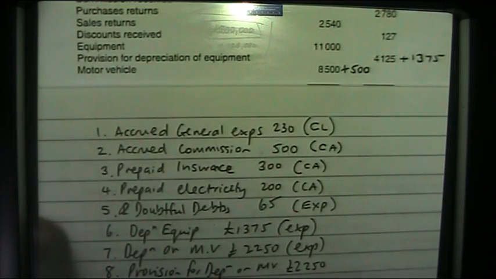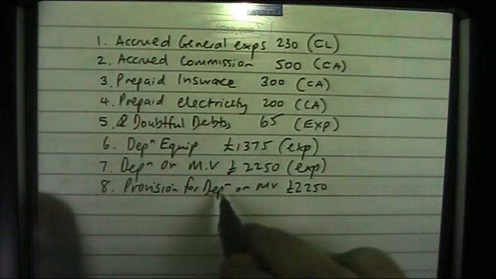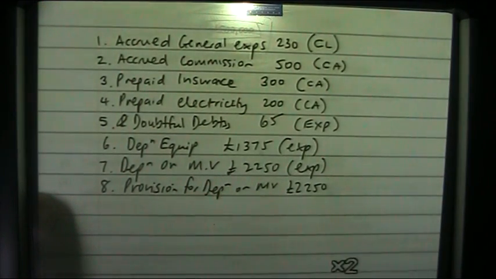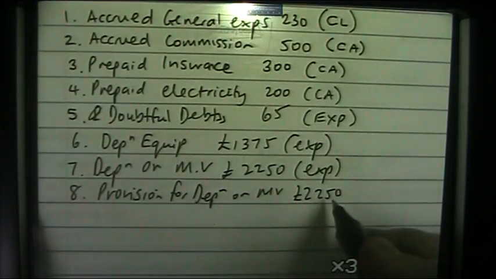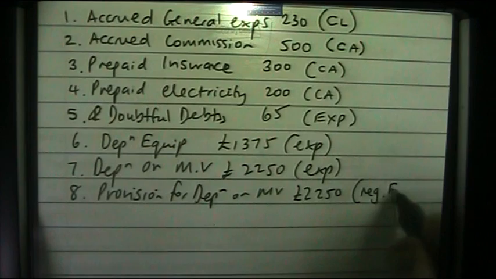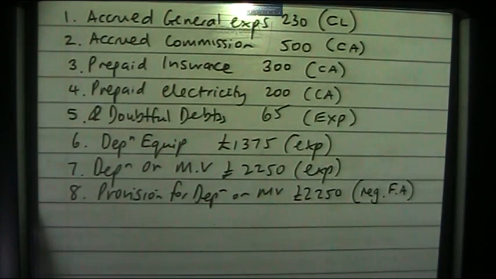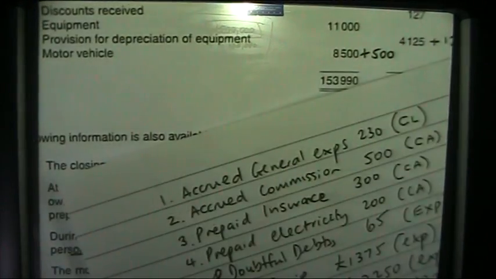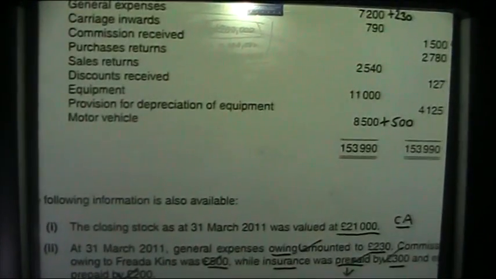Okay? Now remember, this bit here is the tricky bit. This provision for depreciation here is going to do what to the value of our motor vehicles in the balance sheet? It's going to take them down. So technically we call them a negative fixed asset. We just need to remind ourselves to minus it away from our fixed assets in the balance sheet. Okay, right, wow. So there we go.